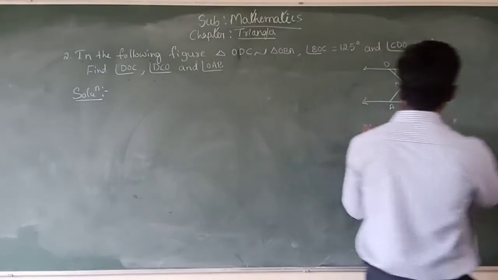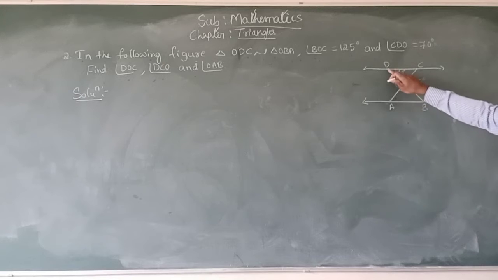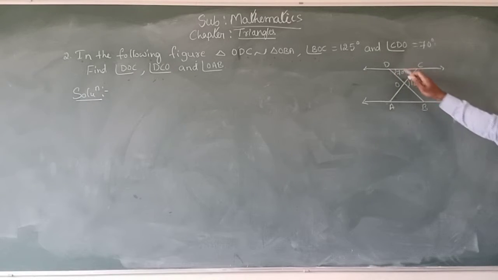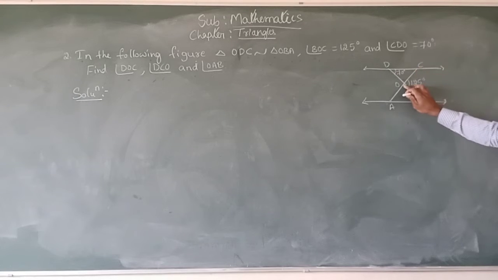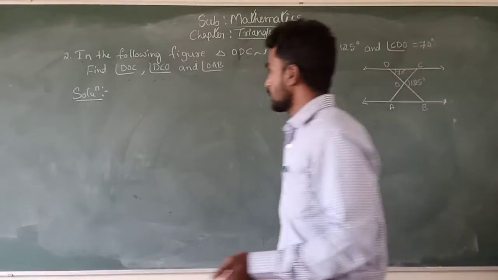Just observe the line segment DOB. DB is a straight line. O is a point on DB. Then angle of DOB is 180 degree because DB is a straight line. Angle of straight line is 180 degree.